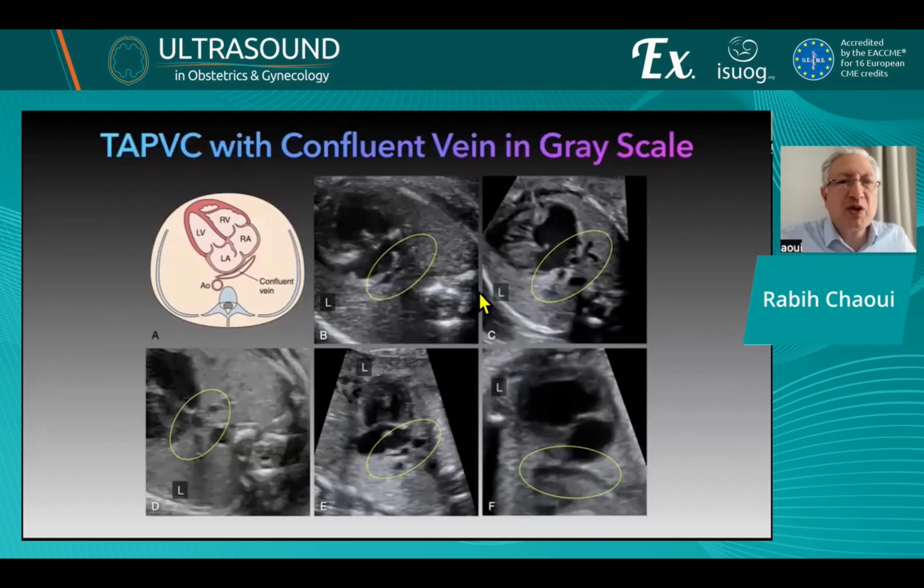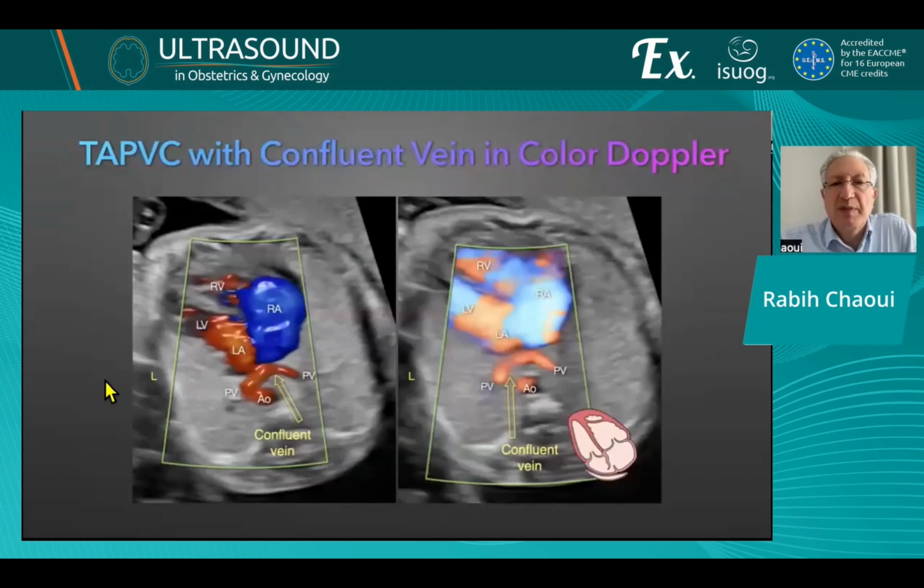You see here, once you know this sign, you will see it more easily, probably if you focus mainly on the 2D. And you see here on the 2D, behind the heart, the enlarged area, and you see some irregular structures, which are the typical signs of abnormal lung veins in these planes.